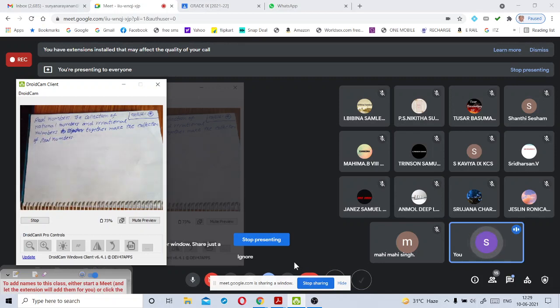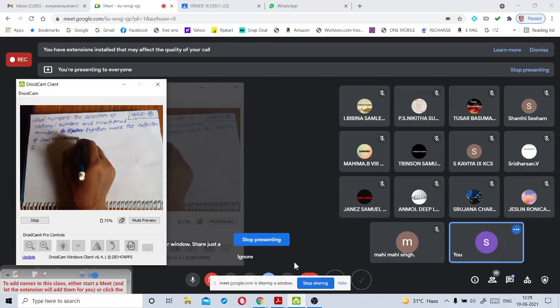This is about real numbers. Real numbers are a combination of rational numbers and irrational numbers. Next point, we can represent every real number on the number line as a point.